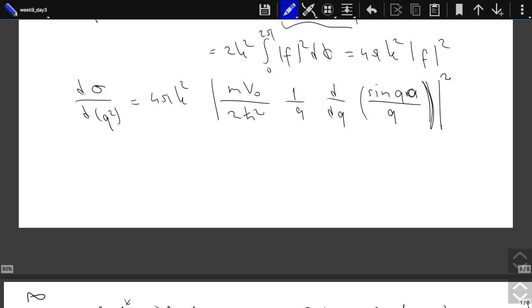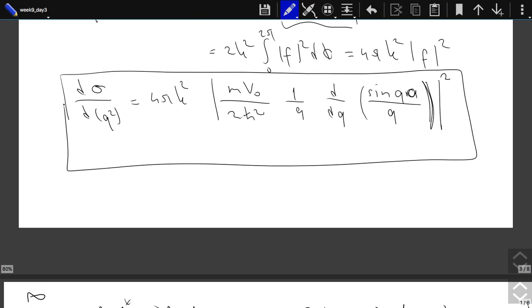Basically, we are done. The factor in parentheses is my f, so I take its f squared. So this is the σ per dq squared. The nice thing about this expression is that it's also independent of how you choose your coordinate axis.